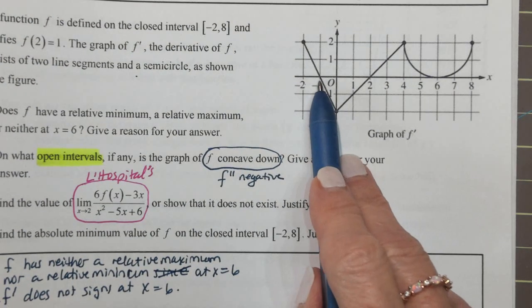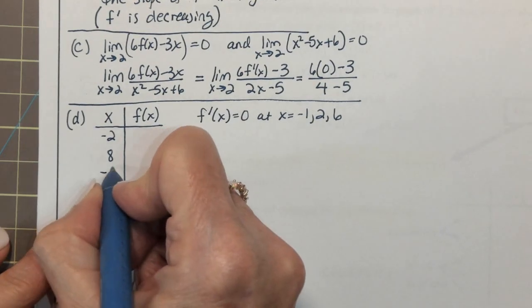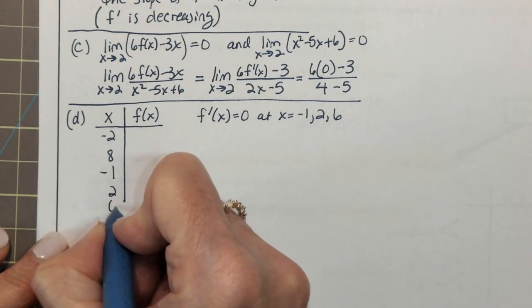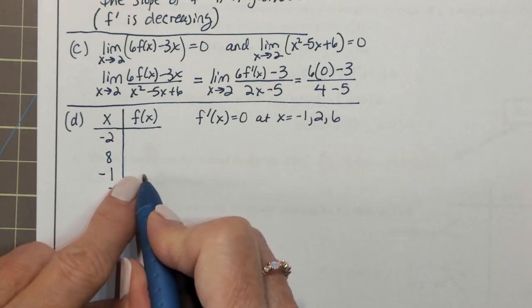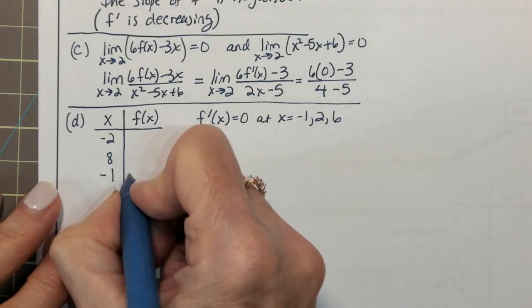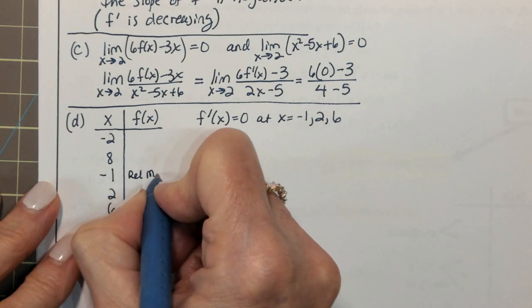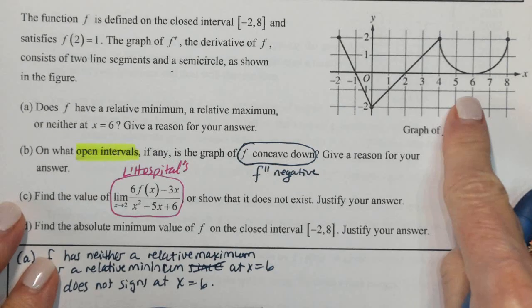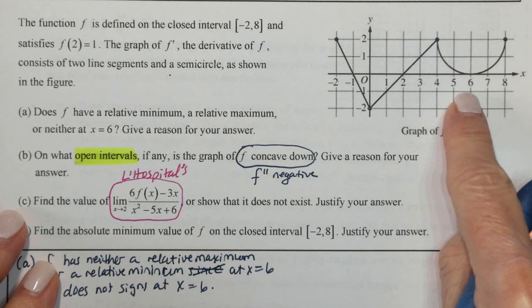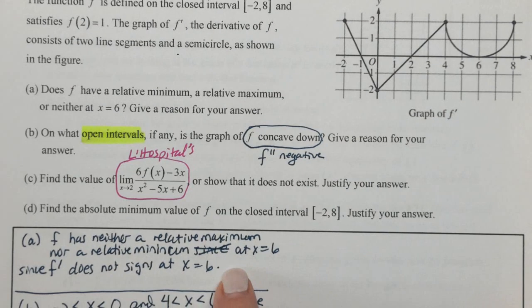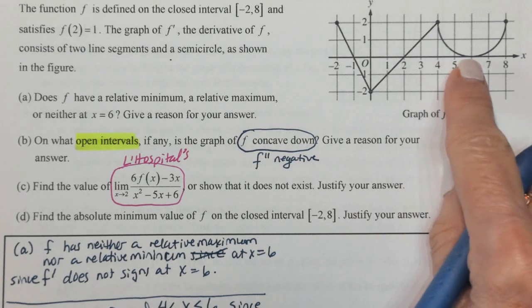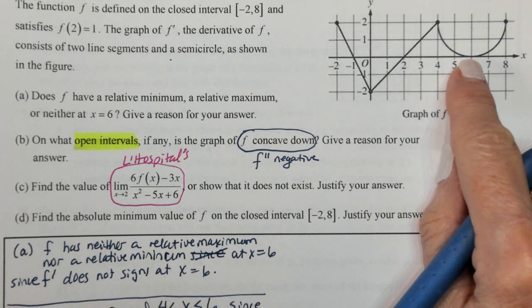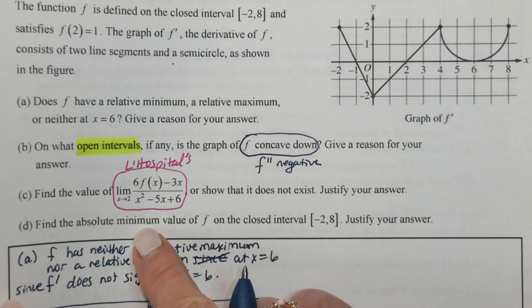I'm going to put -1, 2, and 6 here, but I'm not going to find the f value there because it is a relative max. And x equals 6 is neither a relative min nor a relative max. We said that in part A. So could this be an absolute minimum value?